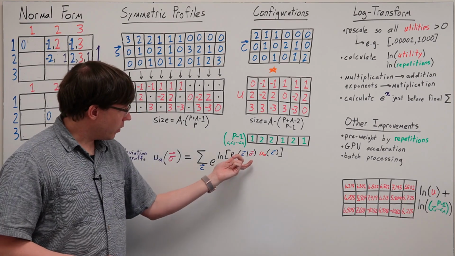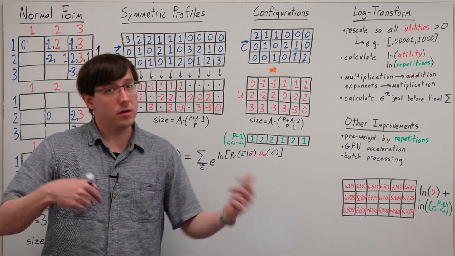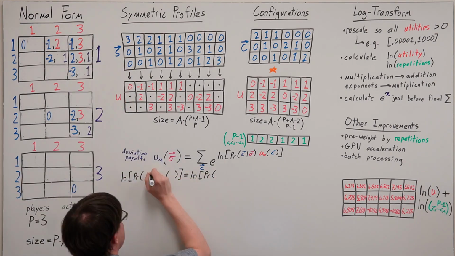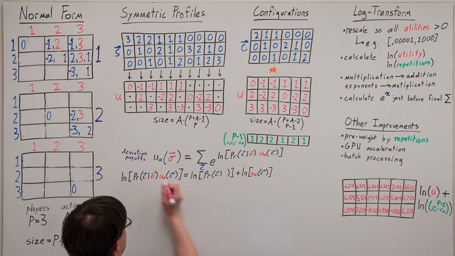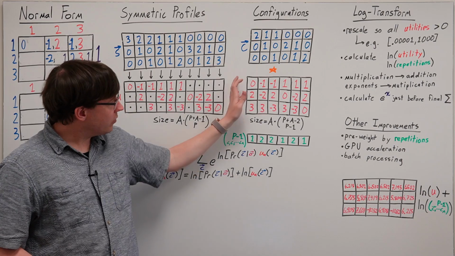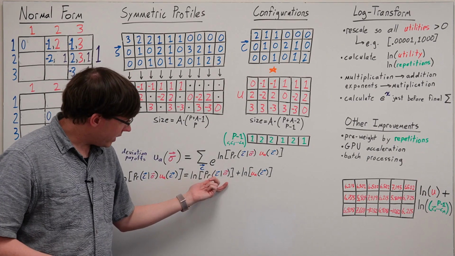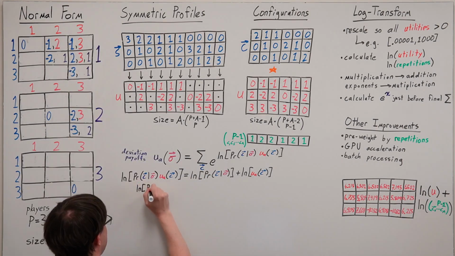First of all, note that when we take the log of a product, that's equal to the sum of the logs. So this means we would store the log of all the utilities. But then we can further break down this probability, since we know that it is a product.